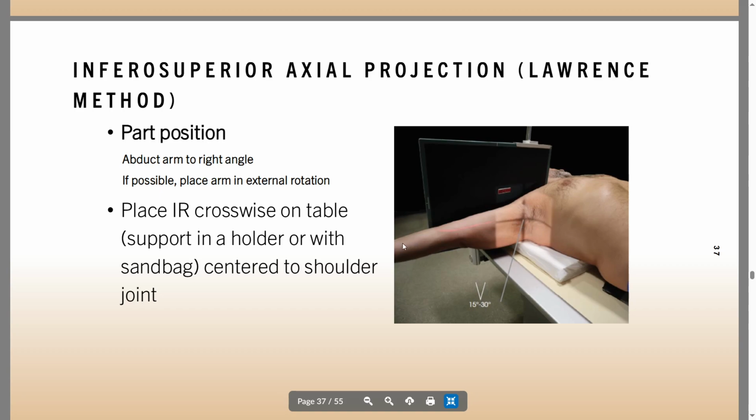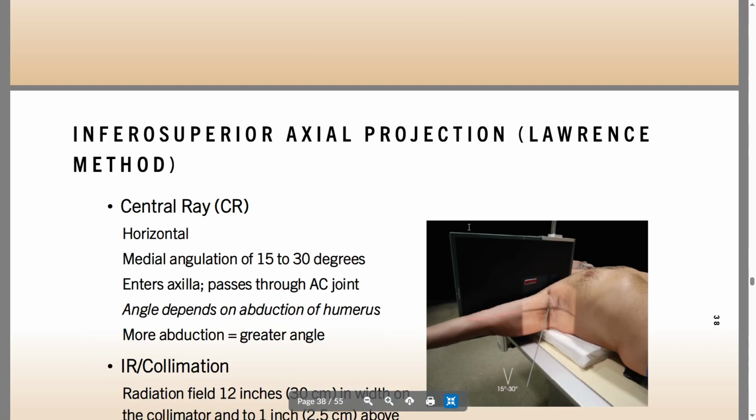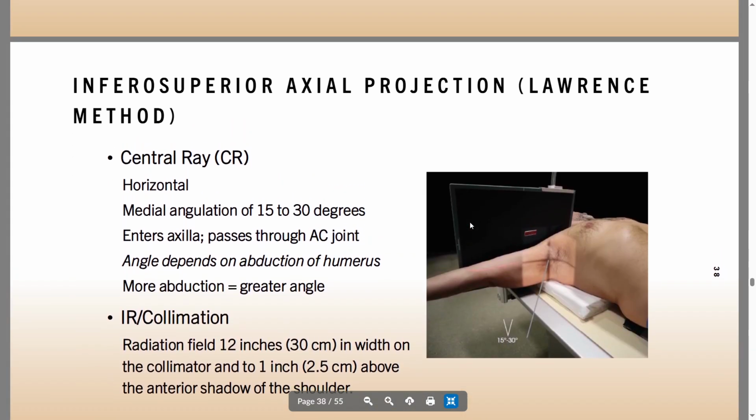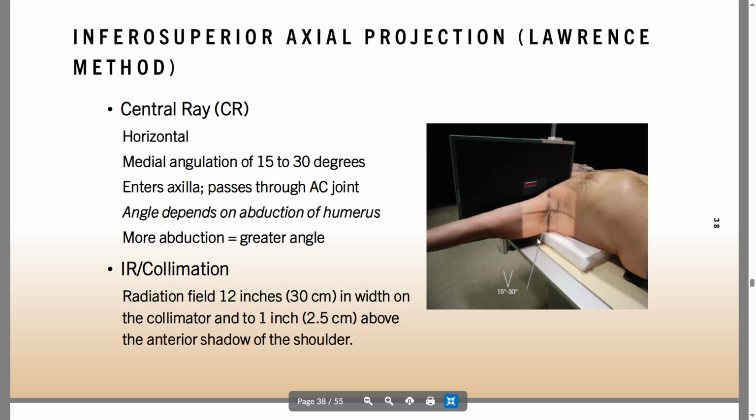And if they can tolerate it, they'll put it in external rotation, rotating their thumb outward. The IR is placed crosswise on the table, and we center the central ray to the joint itself, so right about mid-axilla. We'll have a little bit of a tube tilt of 15 to 30 degrees. We'll have a great view of the AC joint and the glenohumeral joint.